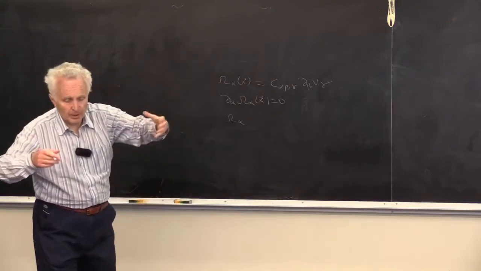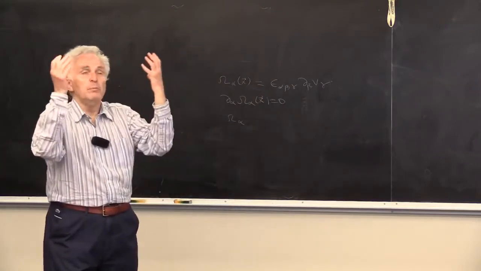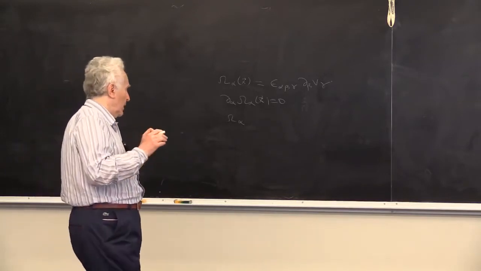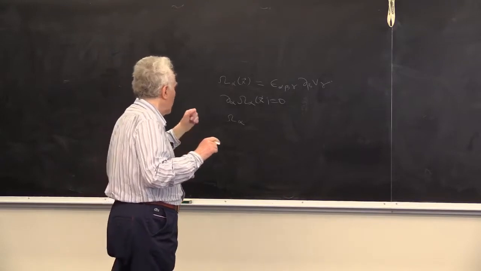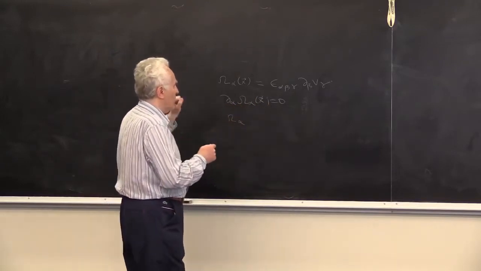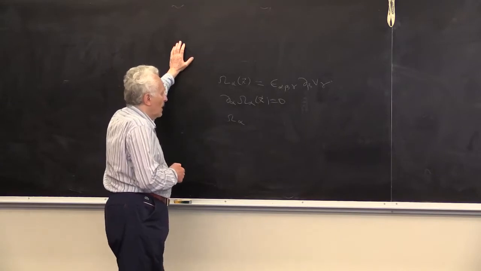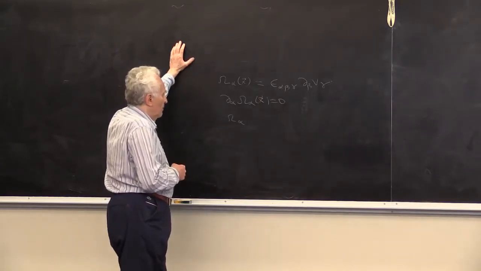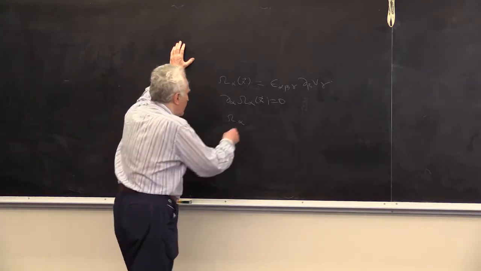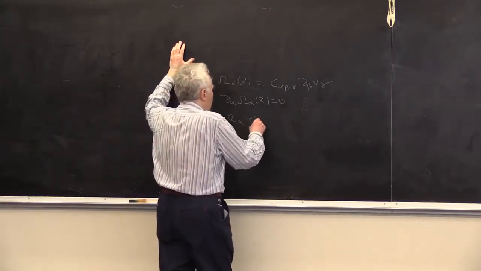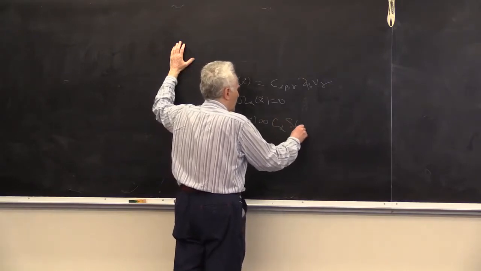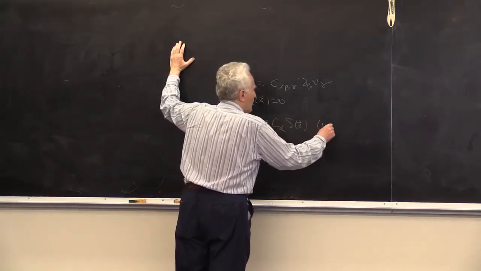What I'm saying is wrong, but it's interesting to contrast it with the right answer. If you try something like that, some constant vector multiplied by the delta of x, that's wrong.